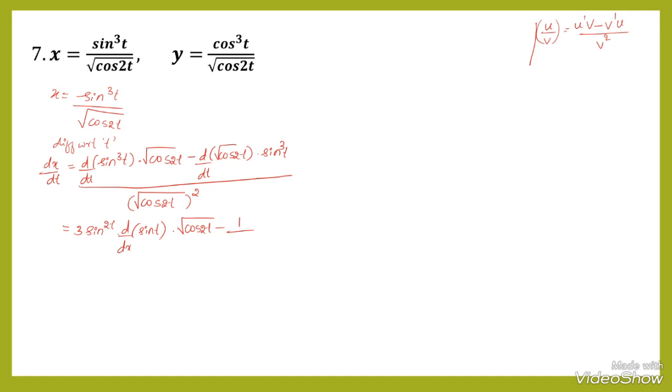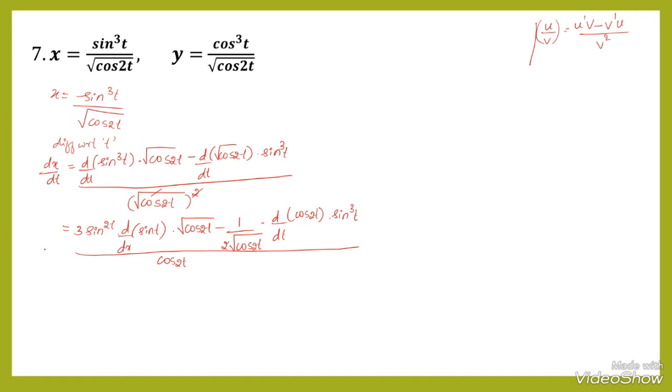That's why I'm taking 1 divided by 2 into root of cos 2t into differentiation of cos 2t, into sin cube t, whole divided by cos 2t, since root and square get cancelled.